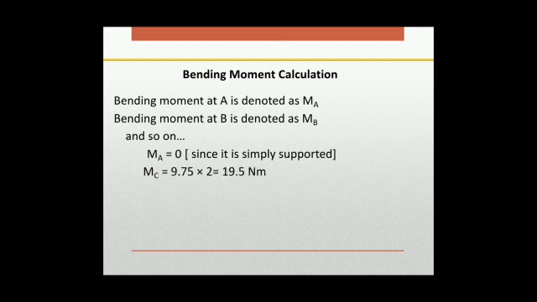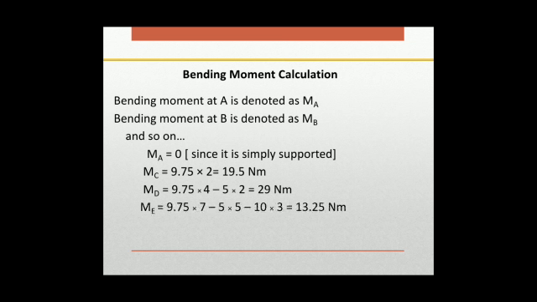Bending moment at C is equal to reaction RA 9.75 into perpendicular distance 2, which is equal to 19.5 Newton meter. Bending moment at D is equal to 9.75 into perpendicular distance 4 minus downward force 5 into perpendicular distance 2, which is equal to 29 Newton meter.